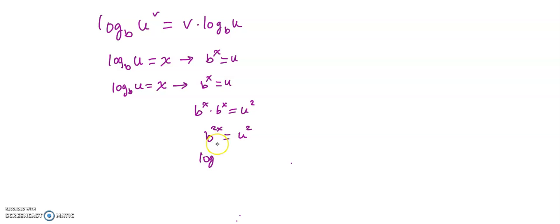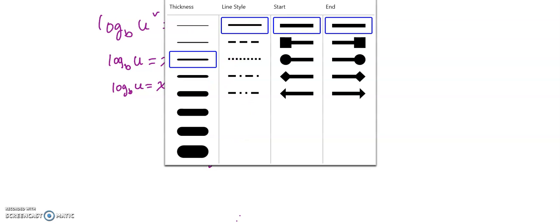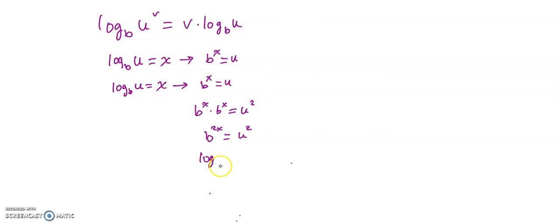Okay, so we were rewriting this exponential in log form, and I would have gotten log base b of u squared equals 2x. Well, wait a minute. Again, didn't we define x to be log base b of u? So wouldn't it say log base b of u squared equals 2 times the log base b of u?